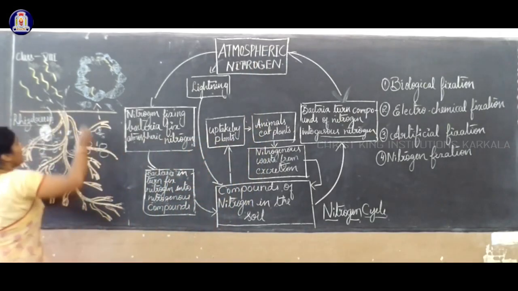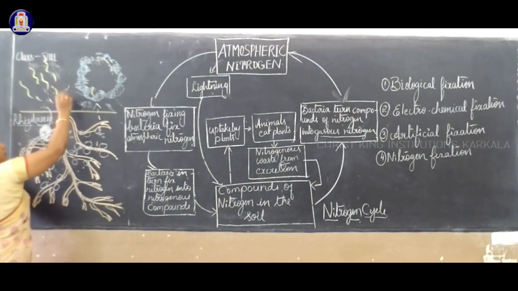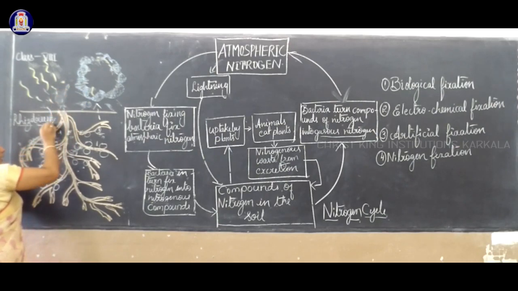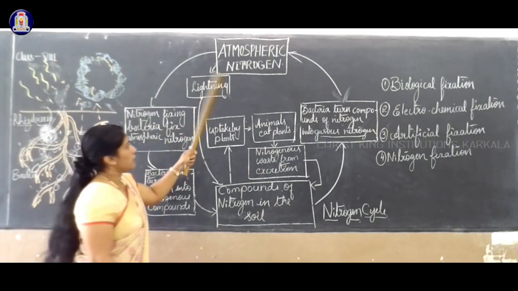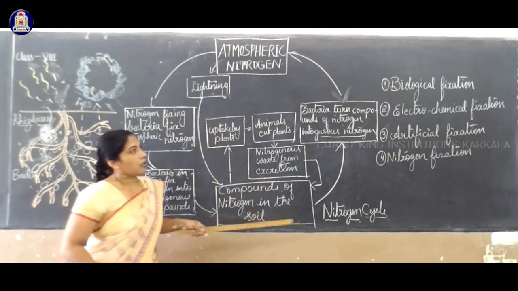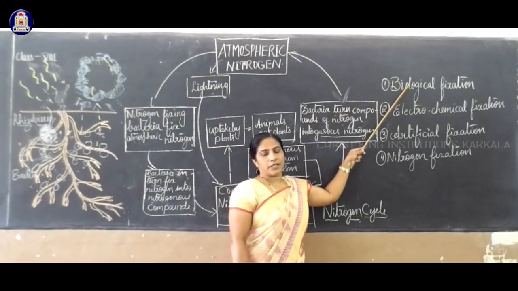Once again: atmospheric nitrogen is absorbed by the bacteria and fixed as a nitrogenous compound, which enters the soil, and in the soil bacteria convert it into gas that enters the atmosphere. That is the first step, called biological fixation.